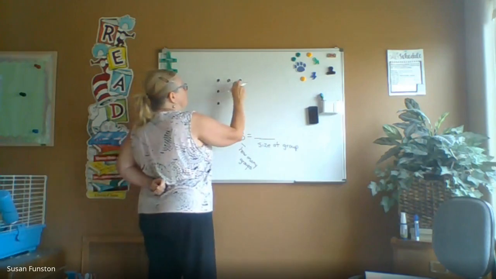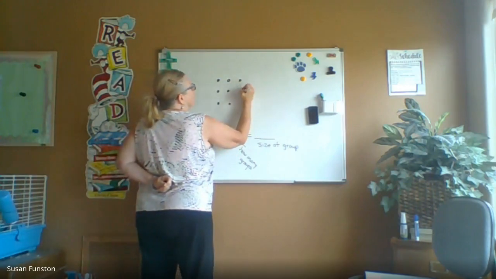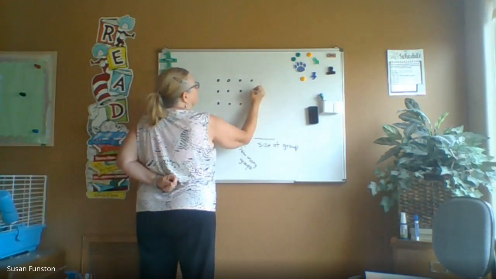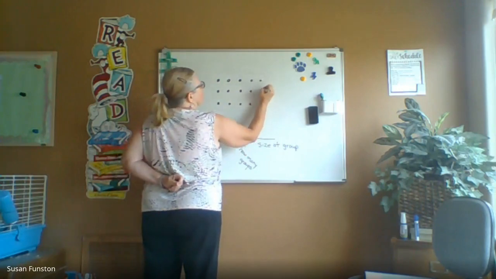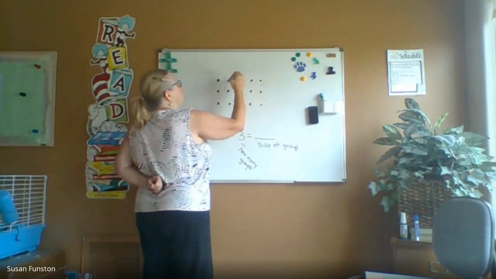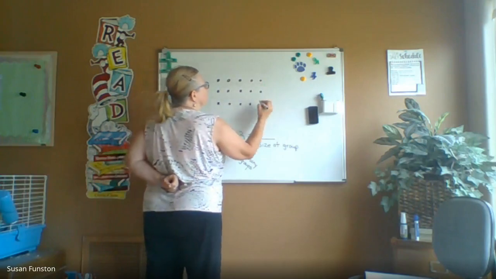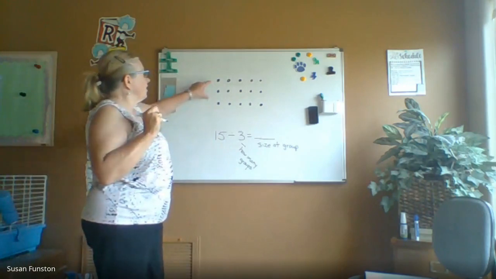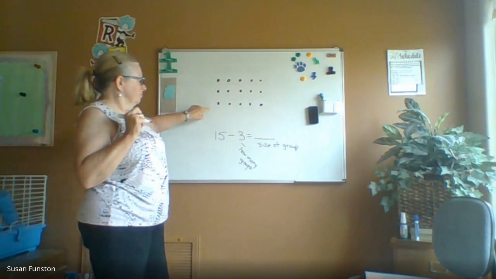So I'm going to say 1, 2, 3, 4, 5, 6, 7, 8, 9, 10, 11, 12, 13, wait a minute. 1, 2, 3, 4, 5, 6, 7, 8, 9, 10, 11, 12, 13, 14, 15. So now we're finished.